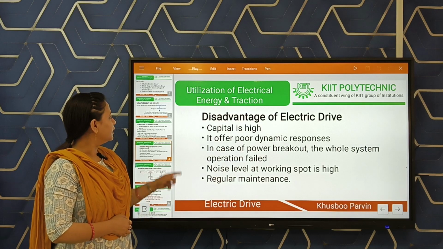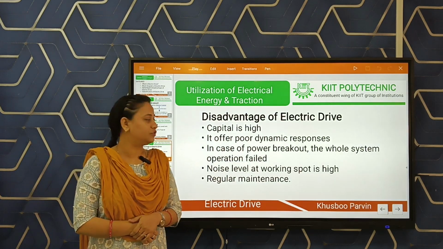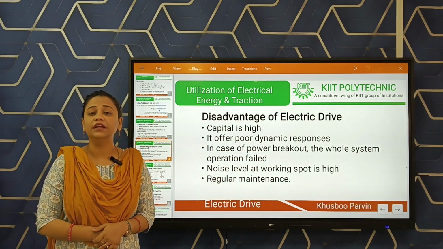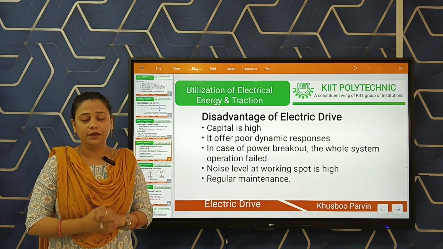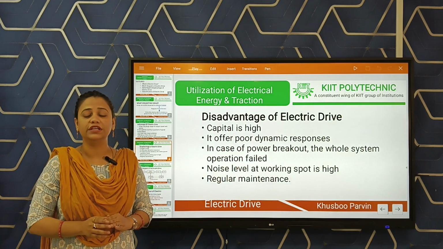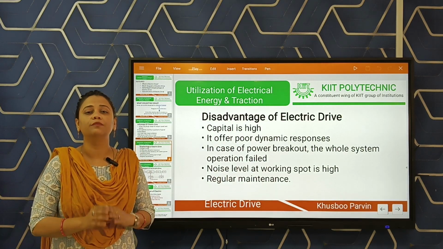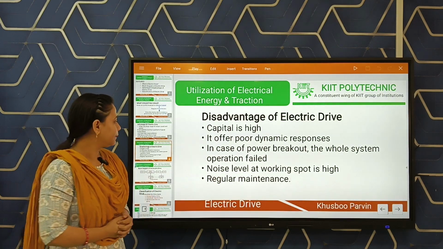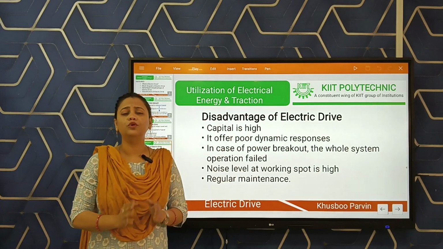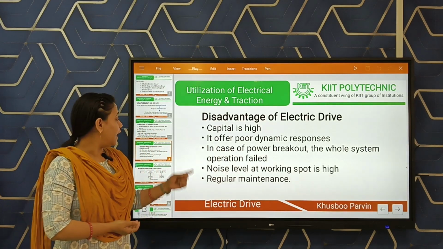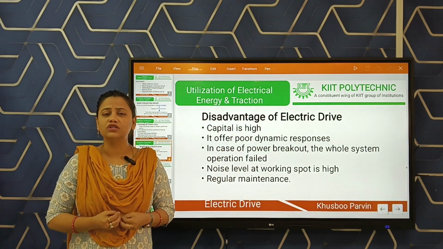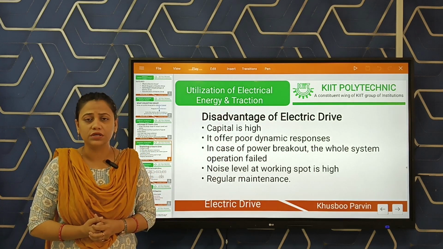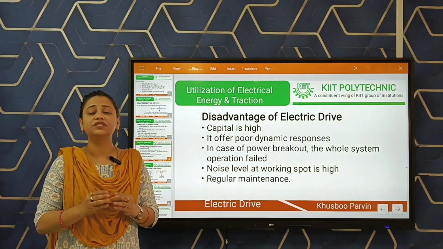Next is the disadvantages of electric drive. Number one, its initial cost is very high because a number of motors are used to drive a number of machines. Because of that, its initial cost is high. It also offers very poor dynamic response, and in case of any short circuit or breakdown, the whole system operation ceases.